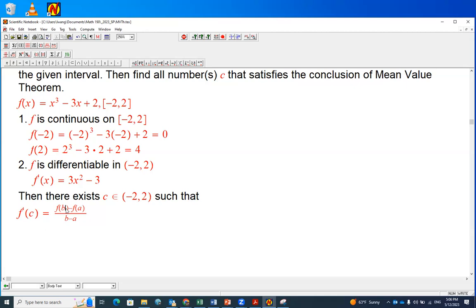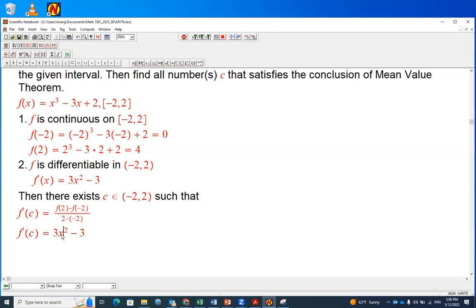So f of b now is f of 2, f of a here is f of negative 2, and b is 2, a is negative 2, right? And furthermore, we substitute c in the derivative. So we have a c here.